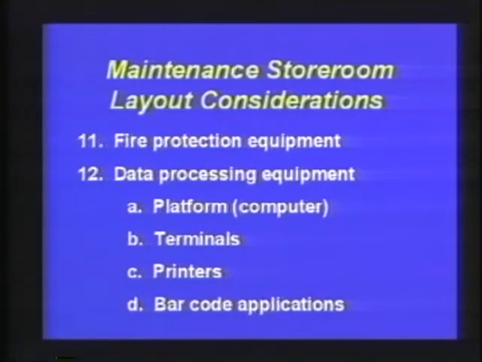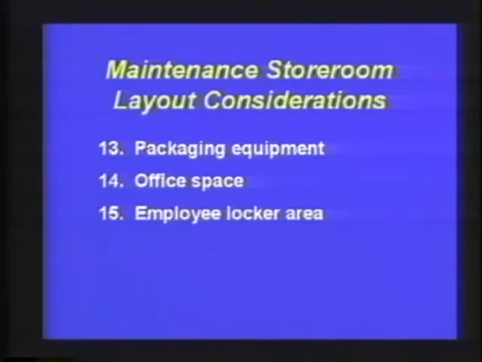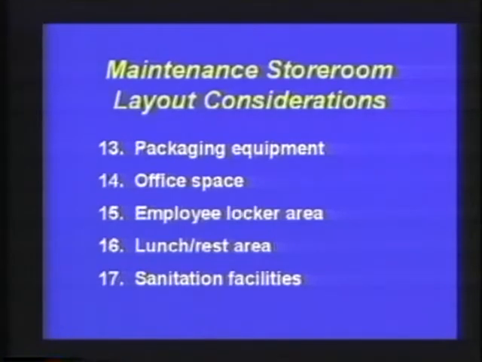The next item, 13, pertains to the packaging equipment, and then there would be a need for some office space. Likewise, if we want to have a self-contained storeroom, we may want to consider the employee locker area, the lunchroom area, and the sanitation facilities. And then item number 18 and on is other requirements.